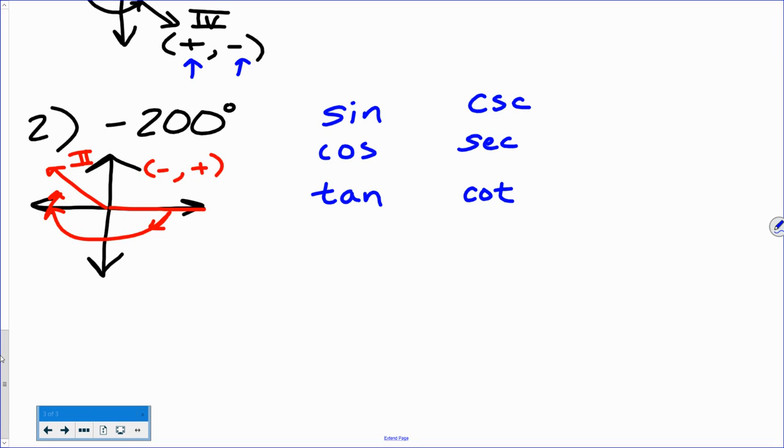Okay. Sine and cosecant would use the y-coordinate, which is positive. Cosine and secant would use the x-coordinate, which is negative. Tangent and cotangent use both, so that would make these both negative, since my x value is negative and my y value is positive.